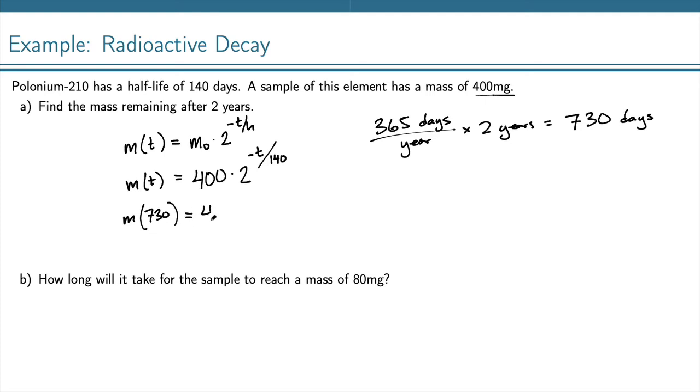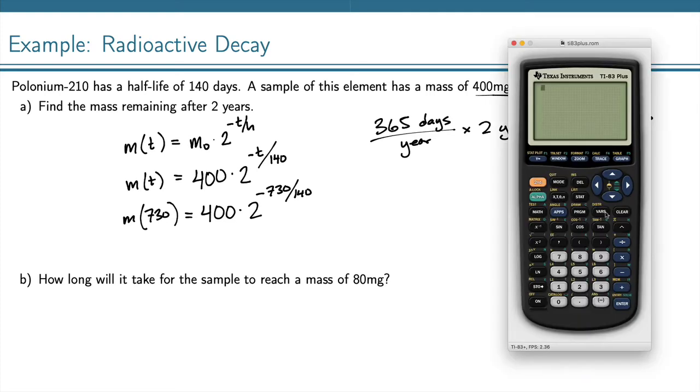So we go ahead and plug that in. We've got 400 times 2 to the negative 730 over 140. So now we can just plug this into our calculator. We have 400 times 2 raised to the negative 730 over 140, and we hit enter.